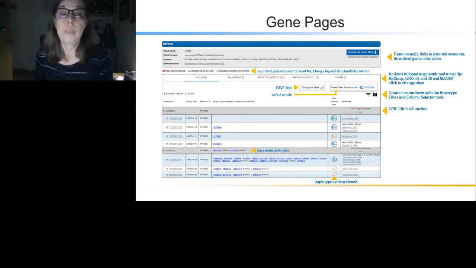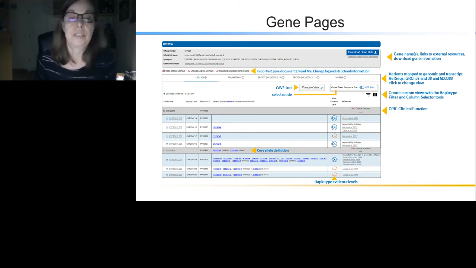So one I really want to emphasize and point out is the one underneath the top gray bar where it says important gene documents. So here is a README, a changelog, and structural information files. I encourage everybody to read these because these files contain very important information for the gene, for the website, how we list things, what standards we use, and also give you examples of the features of this gene page.